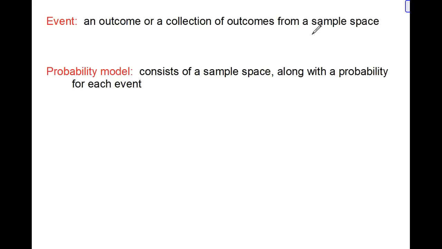A probability model consists of a sample space along with a probability for each event. So there's some notation that we need to look at here. Usually we represent A as being the event in general. As you saw a moment ago, I used the head as the event that I want to get.